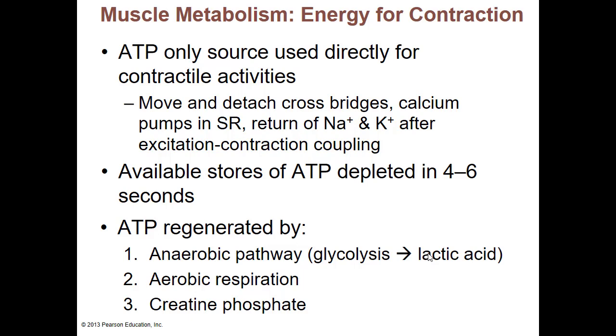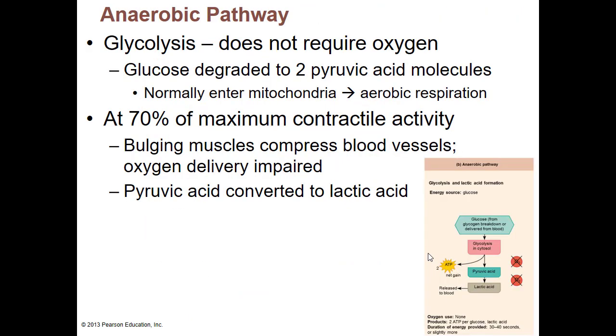The anaerobic pathway is where we take sugar, glucose, and break it down to make ATP through a process known as glycolysis. Glycolysis is an anaerobic pathway, which means it doesn't require any oxygen. We can make ATP without oxygen.